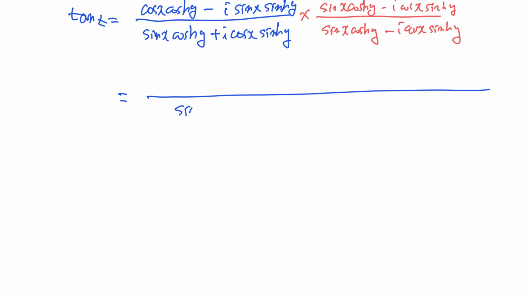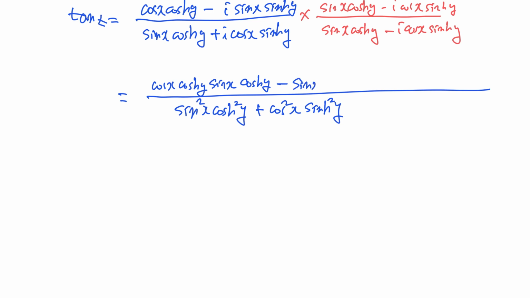So cosine square x cosine hyperbolic square y plus sine square x sine hyperbolic square y. On the other hand, the numerator: sine x cosine x cosine hyperbolic square y minus sine x cosine x sine hyperbolic square y, plus i.